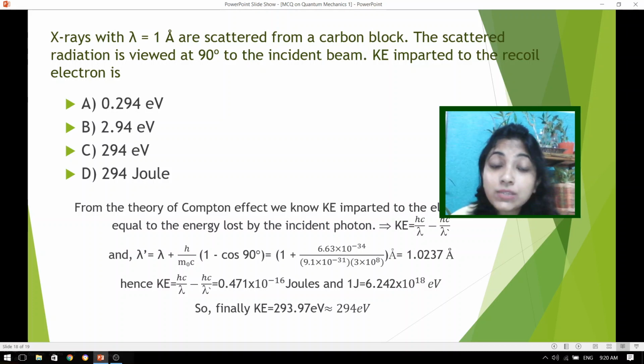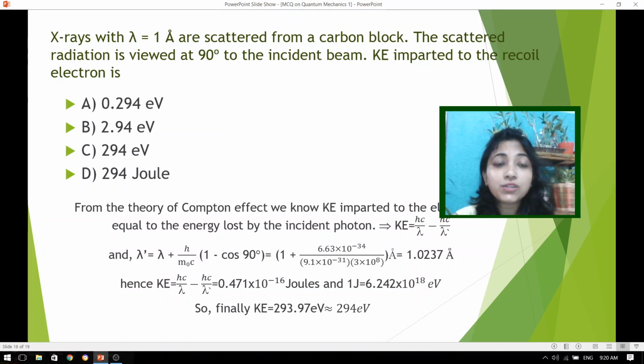Remember, we are using hc by lambda. The unit of h, Planck's constant, is joule second, c is meter per second and wavelength is meters. So the second cancels, meter cancels. So the unit of energy that we are going to get is joules, the value of which is 0.471 into 10 to the power minus 16 joules.